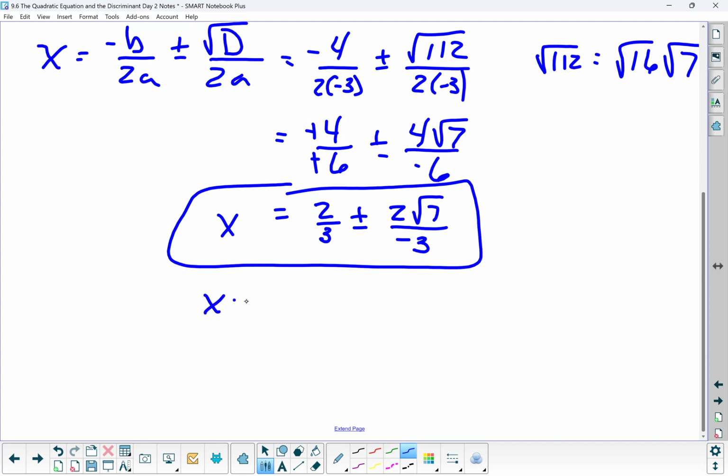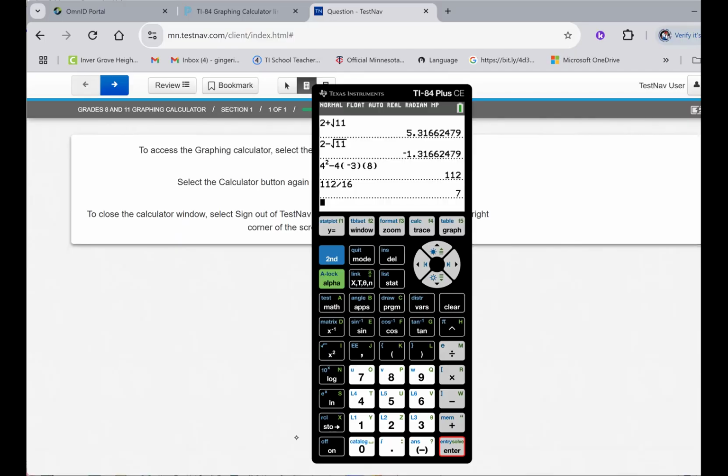For my rounded answers, I'm going to go back to the calculator and see what we get. So we had 2/3 plus 2√7.